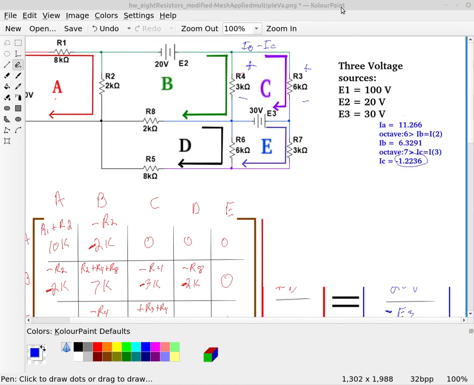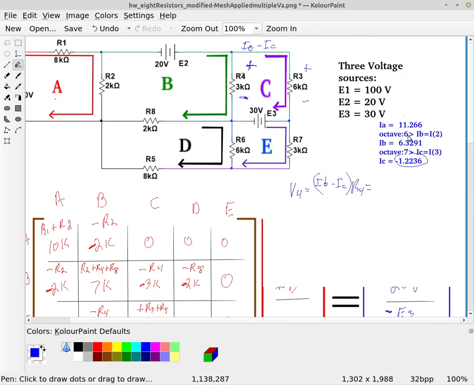So we're going to find the voltage across R4 here, which using Ohm's law, V4, the voltage drop with a positive on top, that's how I'm defining it, is going to be IB minus IC, multiplied times the resistance R4.